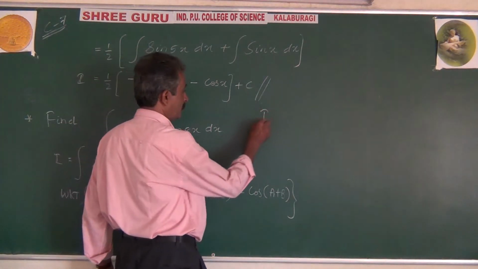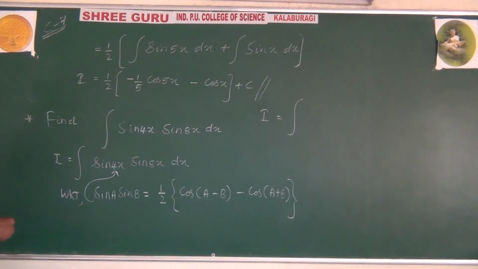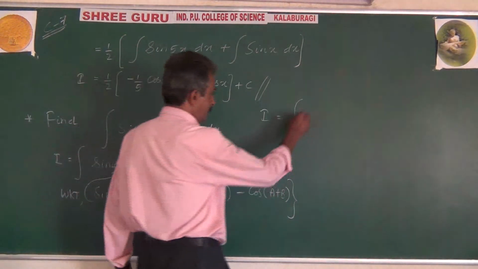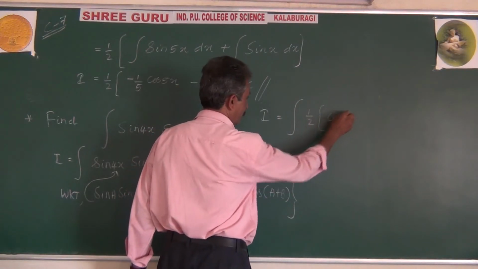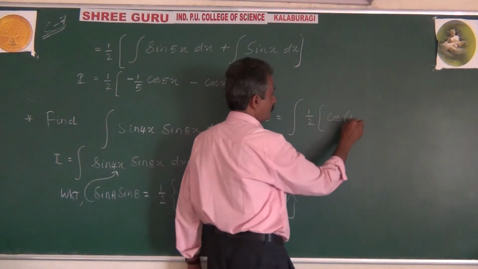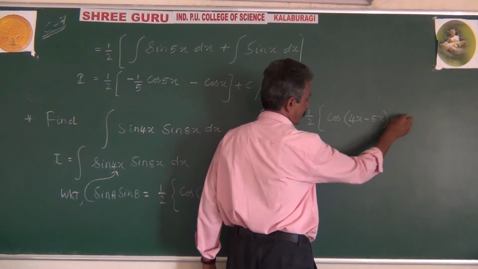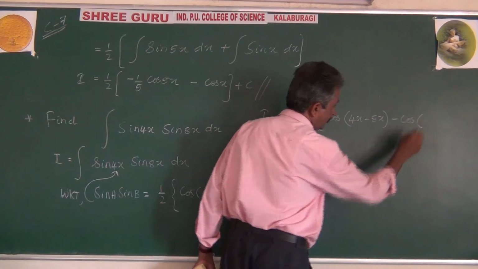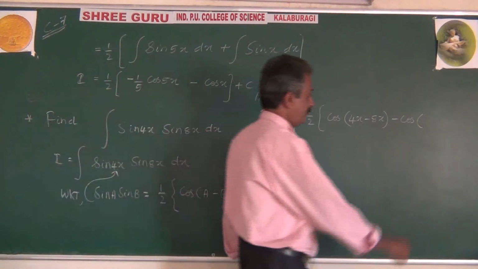I equals, we get now, integration. It is just like sin A sin B, so this formula is to be implemented: 1 by 2 cos of A minus B. What is A minus B? 4x minus 8x. Minus cos of A plus B. What is A plus B? 4x plus 8x.